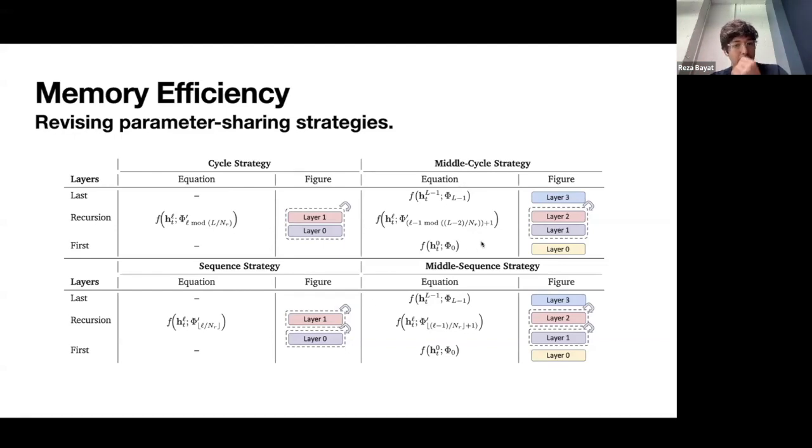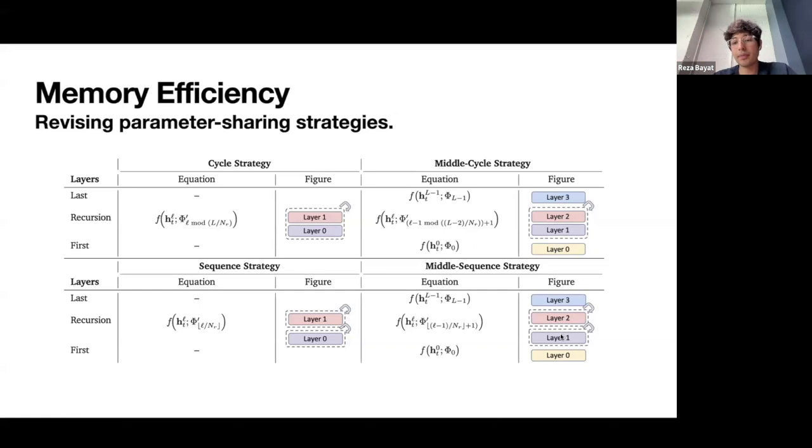For example, for the middle cycle, we have input and output, and then we have a huge loop over this stack of layers. And similarly for middle sequence.